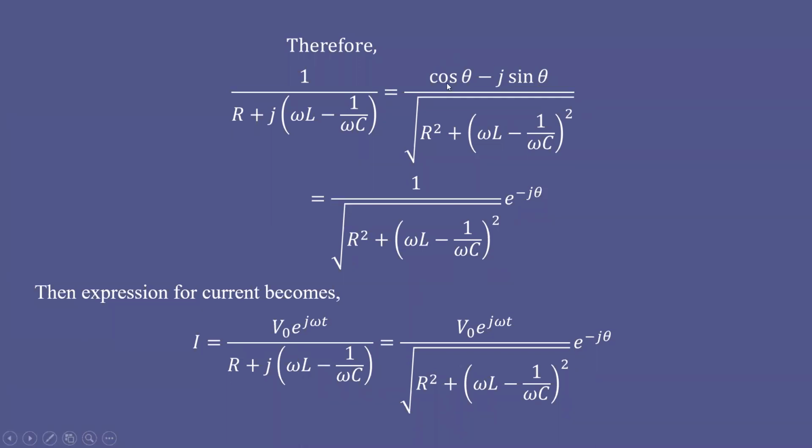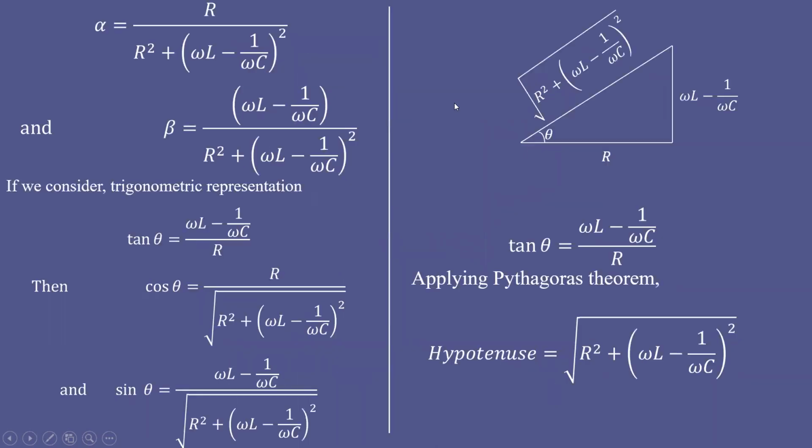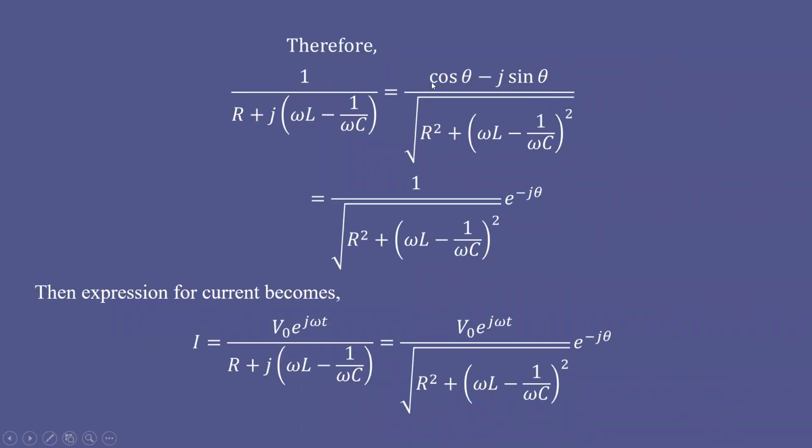Why is cos theta taken here? Alpha is having the value R divided by R square plus omega L minus 1 by omega C the whole square. If you take one square root here, R divided by square root of this term is nothing but cos theta, into square root of this term again remains. So this will become cos theta divided by square root of R square plus omega L minus 1 by omega C the whole square.